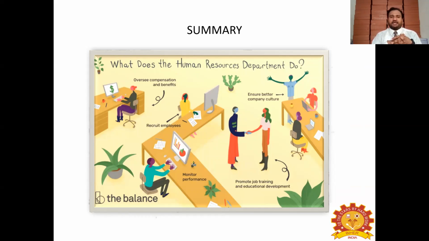So far we have seen something about staffing, in which we have seen what is staffing and what are the different processes involved in staffing and manpower planning. And also we have seen who is an HR manager and what are the roles and functions of an HR manager. And we have also discussed some of the additional benefits that are given to the staff members to retain them effectively in an organization.